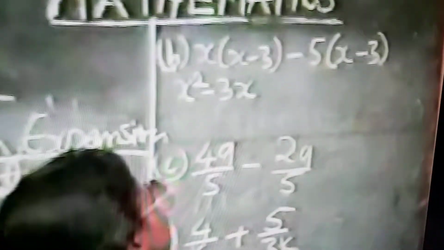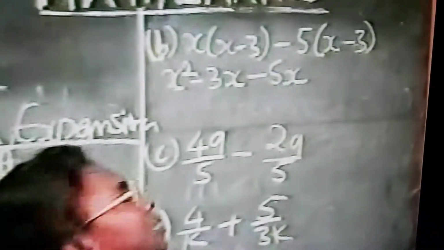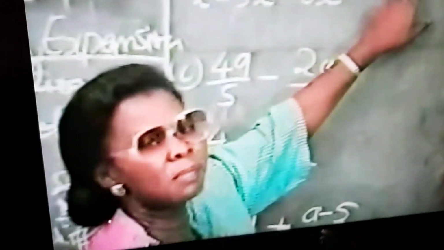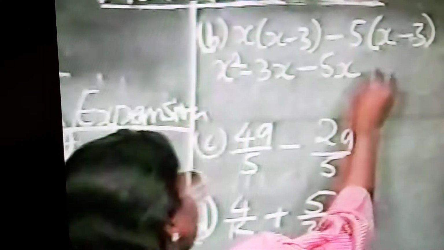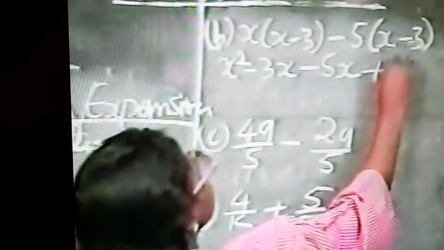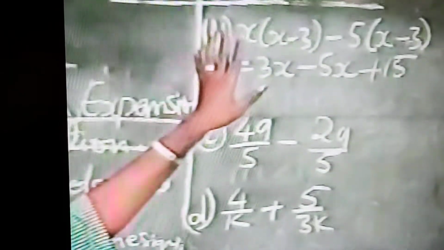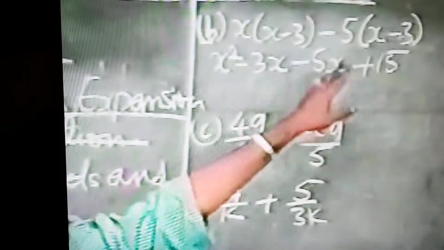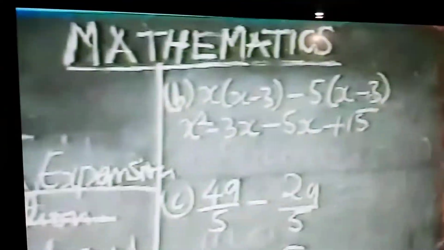Then minus 5 times x will give us minus 5x. Then minus 5 times minus 3, minus times minus will give us plus 15. Please, it is very important to take note of your signs. Same signs multiply to give plus.